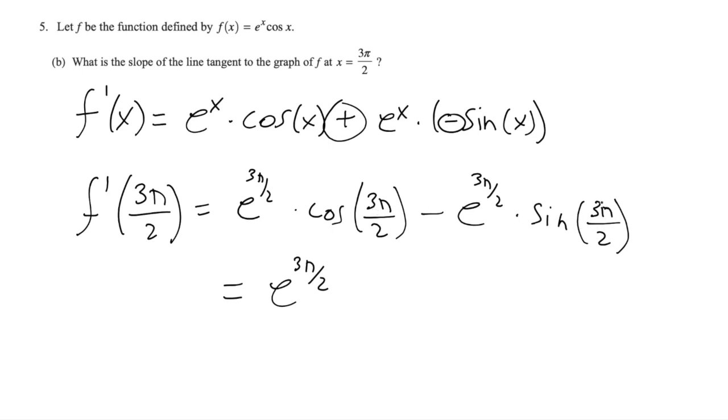And sine of 3 pi over 2 is -1, so when you multiply it by the other negative sign, it becomes positive. So positive e to the power of 3 pi over 2. So the slope of the line tangent to the graph of f at x equals 3 pi over 2 is e to the power of 3 pi over 2.